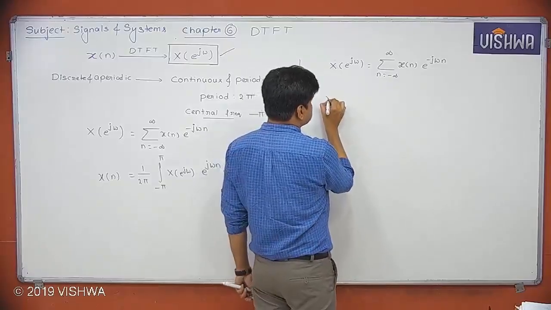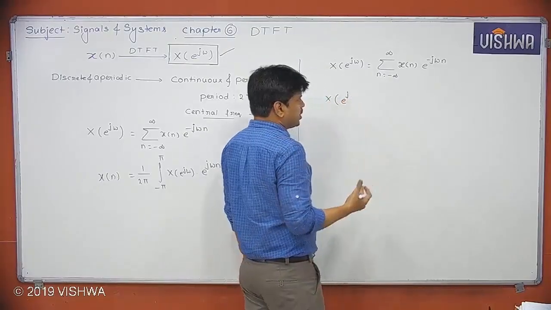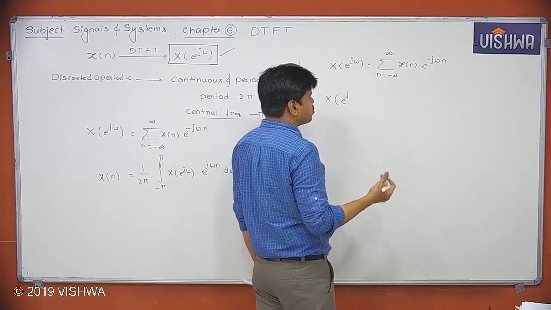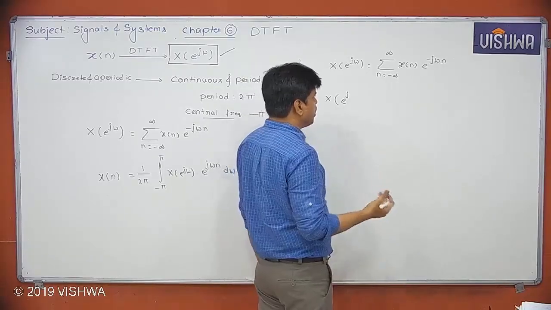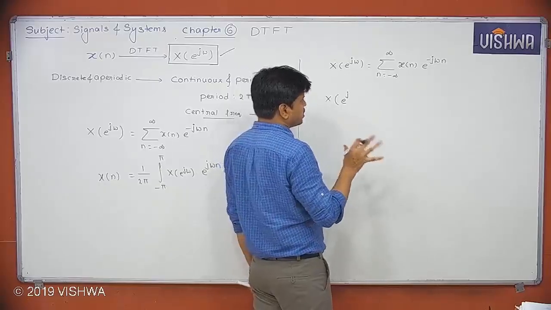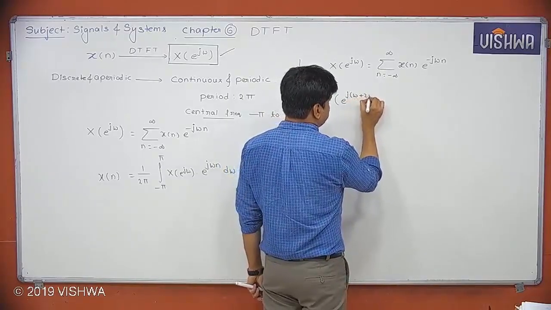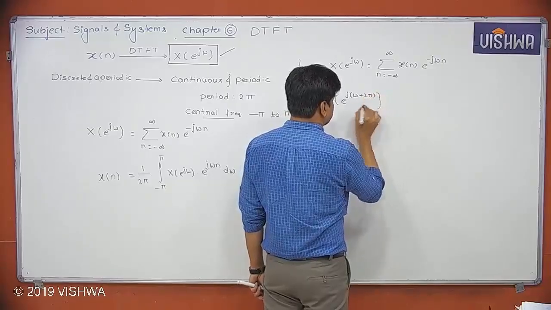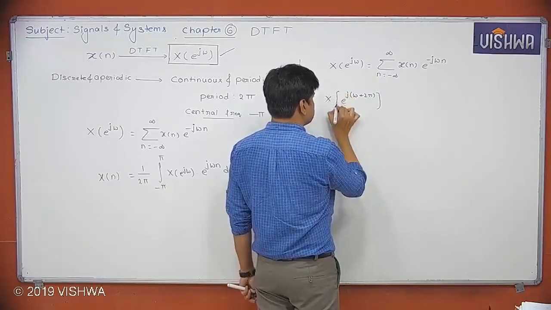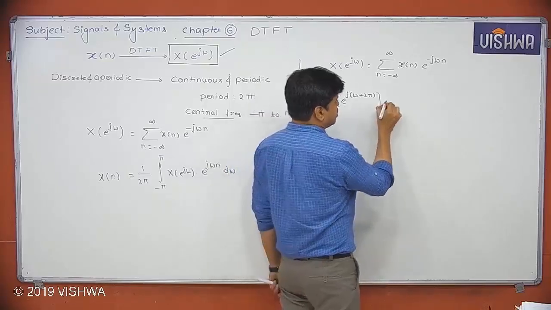I told you it is periodic with period 2 pi. That means if I replace omega with omega plus 2 pi or omega minus 2 pi, it has to be the same. So I am taking omega plus 2 pi. Let's check whether it gives the same x of e power j omega or not.